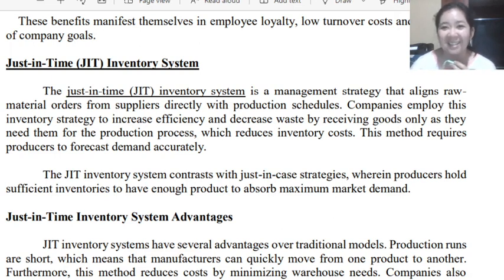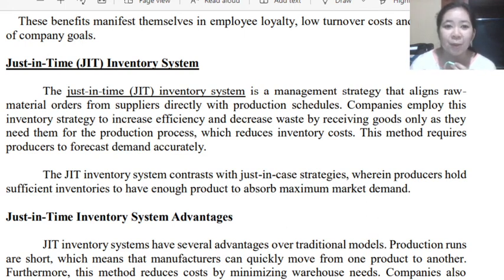Just-in-case means they do not rely on a calculated risk. The entity in this case is waiting for what will happen next, and then they will act. Whereas in just-in-time, they calculate this risk so that they will be able to eliminate waste and improve their production.